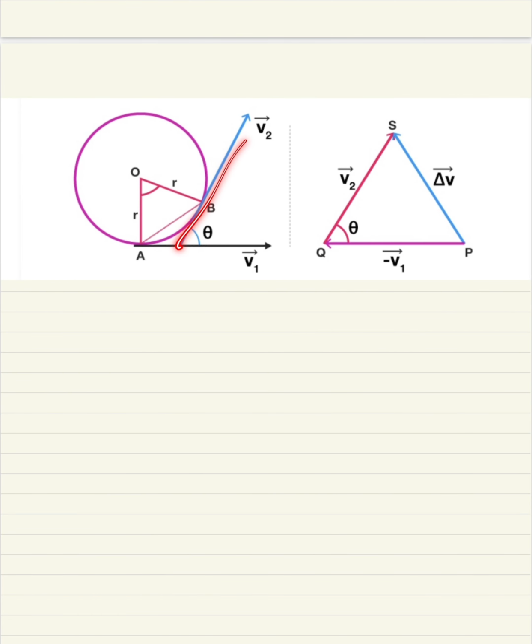Always perpendicular to the velocity of that particular body. So what do we say? I've just taken what is happening here to be an enlarged part of this place, right?